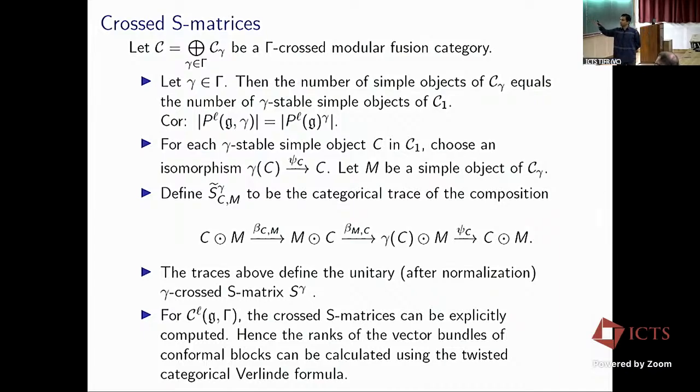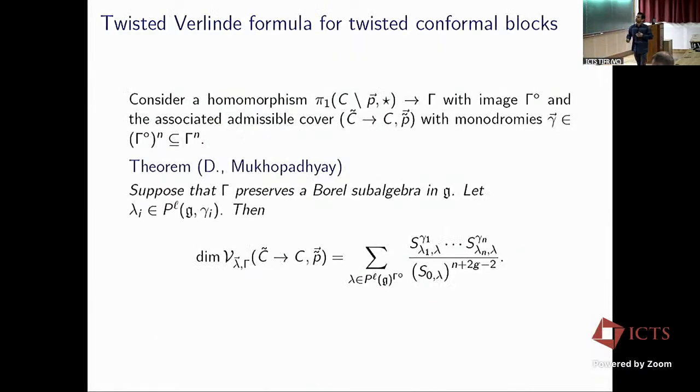Basically, the categorical Verlinde formula computes the multiplicity spaces in terms of these crossed S matrices, and the multiplicity spaces are the same as the ranks of the bundles of conformal blocks. So the dimension of the space of conformal blocks is equal to this formula.